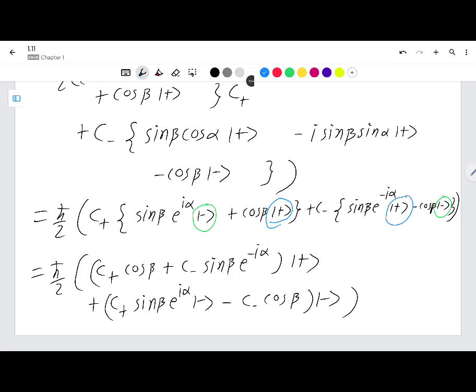We have demanded that this state will be equal to some parts of C plus and C minus.